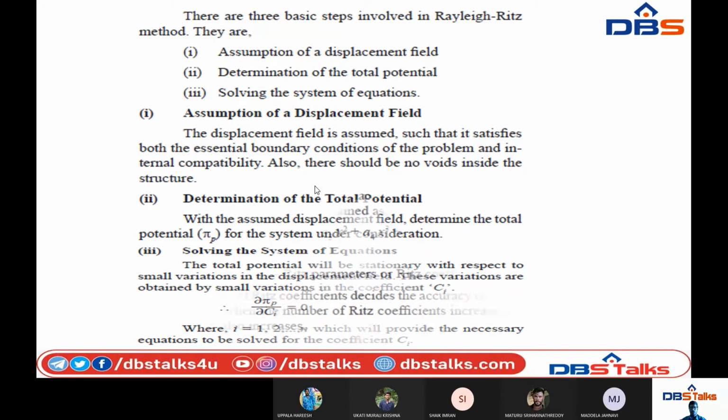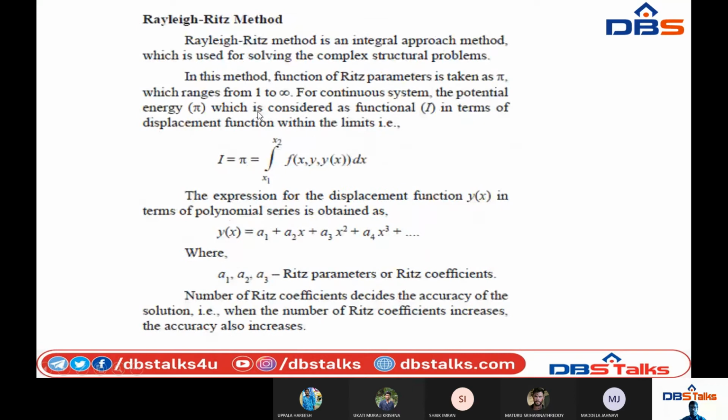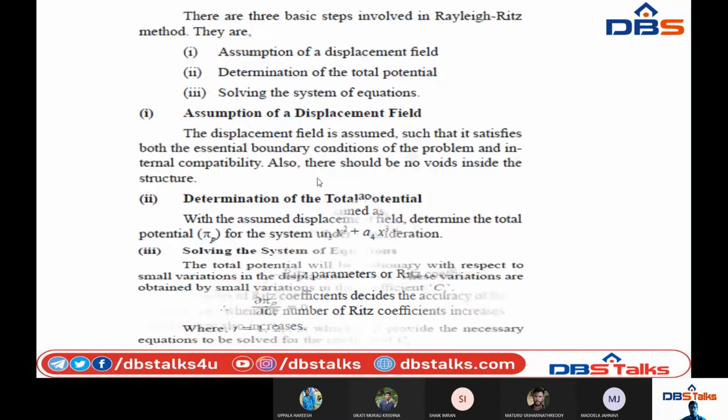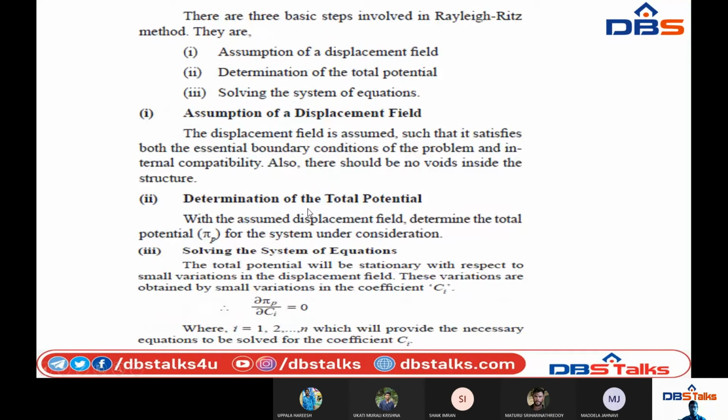In the previous slide, I told you that in the Rayleigh-Ritz method, pi is a Ritz parameter. In the total potential energy method, pi is a displacement function. In this, total potential is indicated by pi suffix p for the system under consideration.